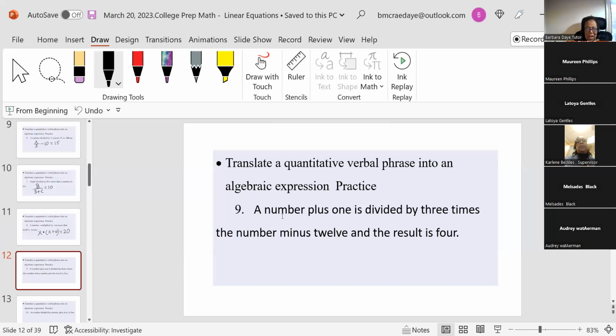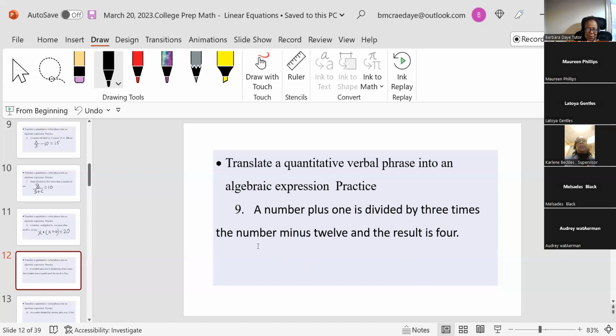Okay, Audrey, a number plus 1 is divided by 3 times the number minus 12, and the result is 4. What should I write? Wait a minute, let me go over that. A number plus 1 is divided by 3 times the number minus 12, and the result is 4.